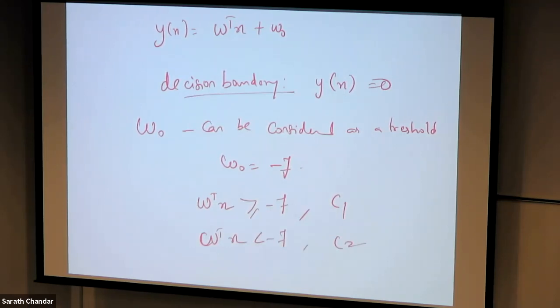So the bias had a different use in the regression case, right? Can someone remind me why we used bias in regression? In linear regression, what would happen if you don't use bias? Error will be high. Yeah, the error will be high, but why?